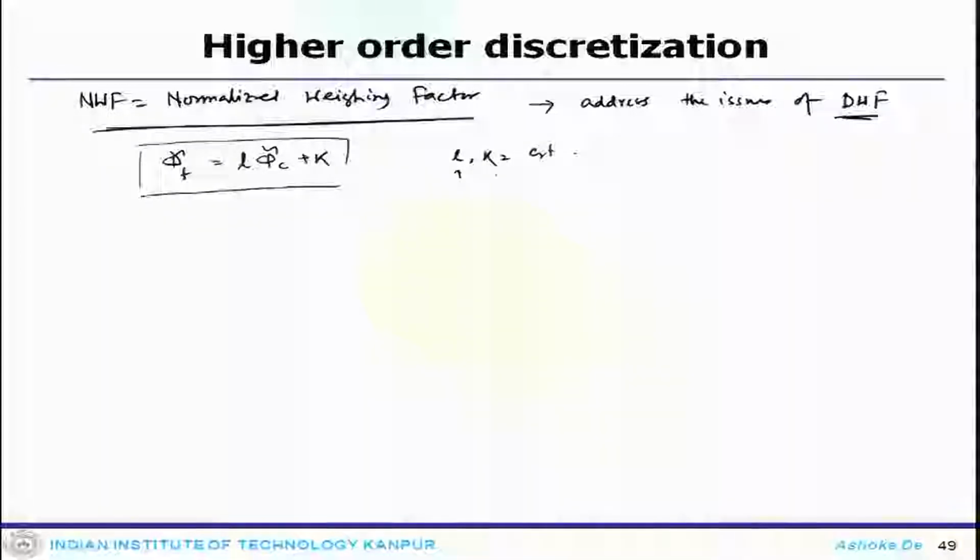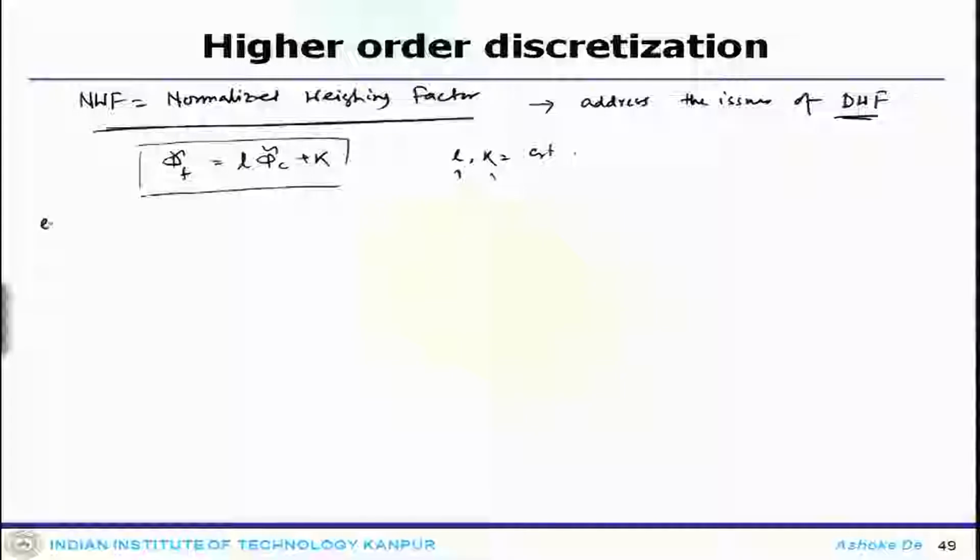L represents the slope and k represents the intercept of the linear function within any interval of phi f, with the number of intervals depending on the HR scheme being used.